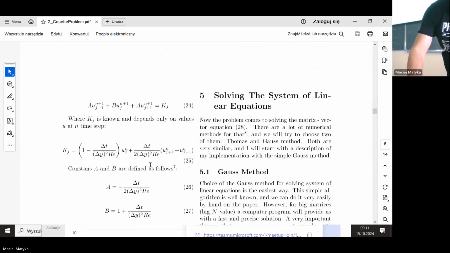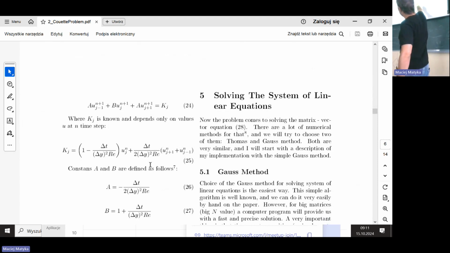And we basically write down those symbols, that on the left-hand side we have some kind of coefficients that are before the u on the next time step. This is the uj minus 1, this is uj, and this is uj plus 1.